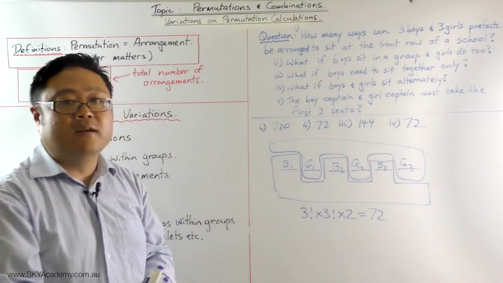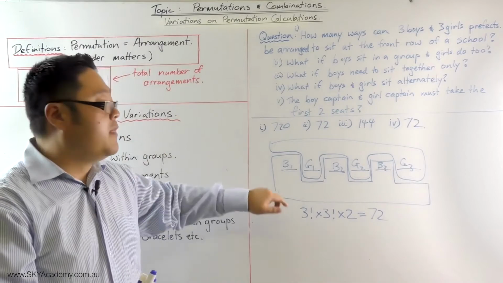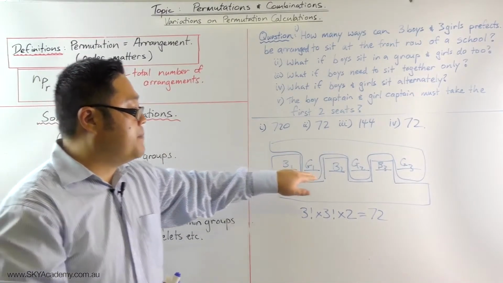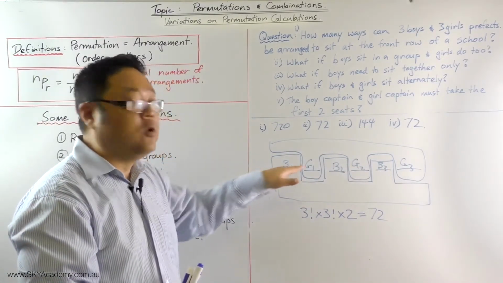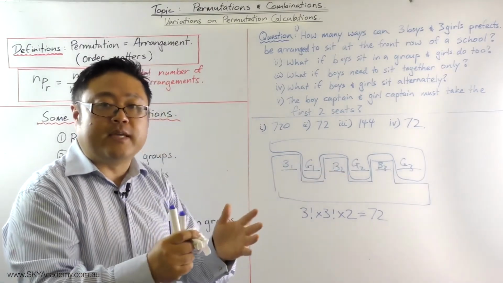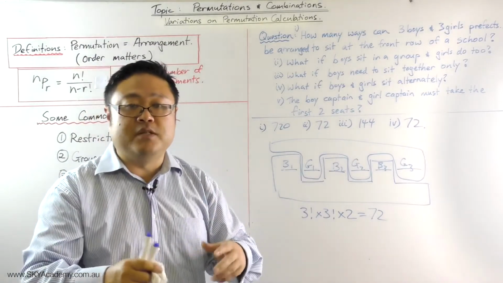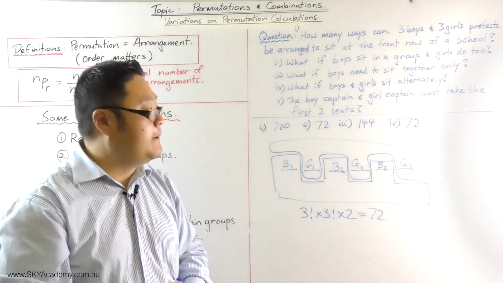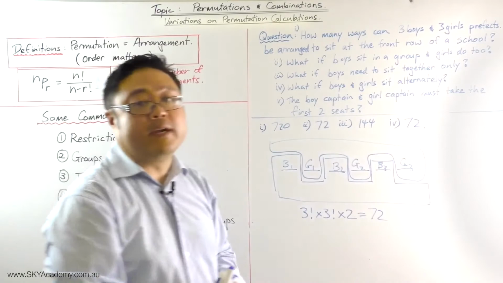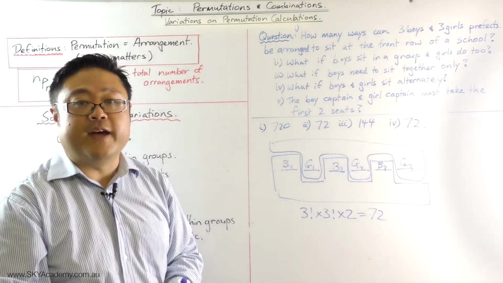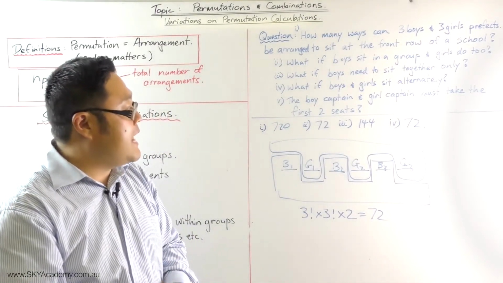Because essentially, the only difference is that we're making the positions alternate rather than putting the positions together, but the number of arrangements that fit into those positions will be exactly the same. Okay? So the answer for part 4 is 72. Got that? Let's do the last one.